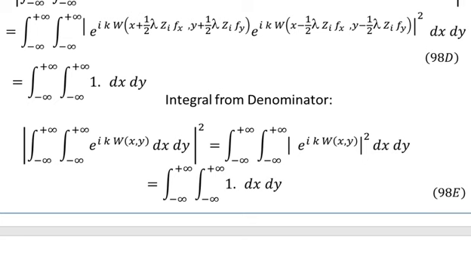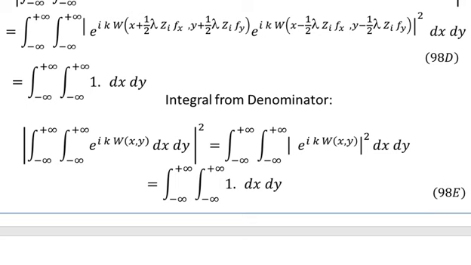This is the integral we have shown in equation number 98E, corresponding to the absolute square of the integral in the denominator. Again we can move the absolute value within the integral, and again it is unity, as we have shown in the last step of equation number 98E. So from the numerator in equation 98D, in the last step we have the double integral of 1 with respect to dx and dy, and in the denominator we have solved the integrals of the exponential, and again we are getting the same integral.